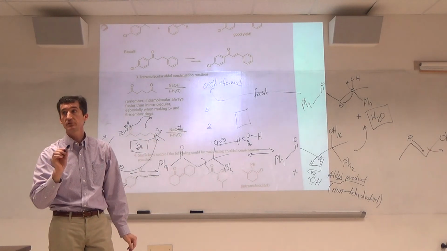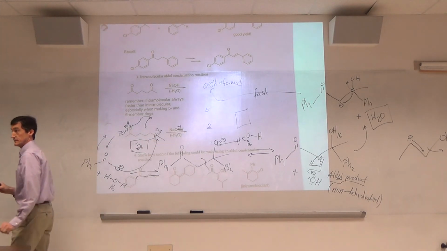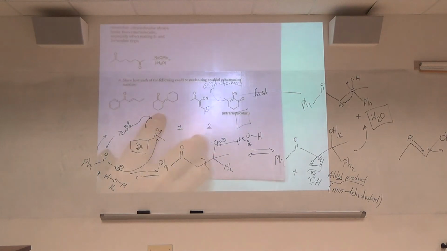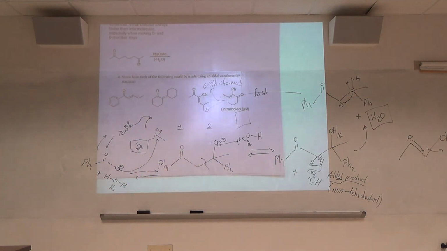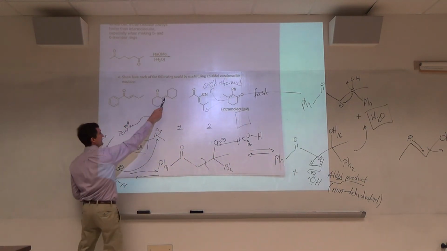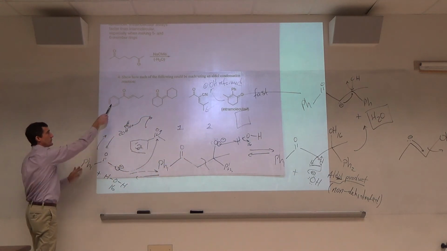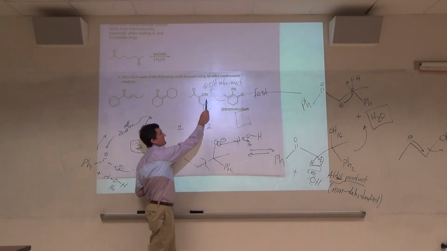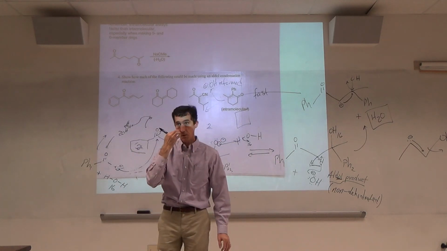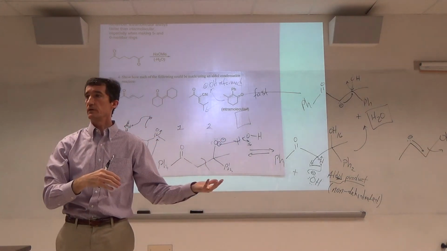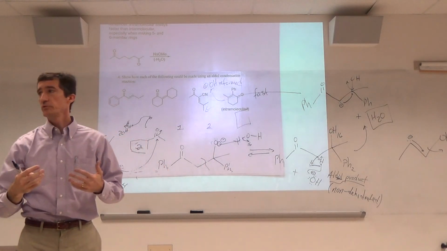There, triethylamine is the base instead of hydroxide. And then we have to be able to think backwards. Can you make this by an aldol reaction? All of these, yes. Show the 2 starting materials that would react to give these in an aldol. Well, what components are needed for an aldol? Those are things to think about.